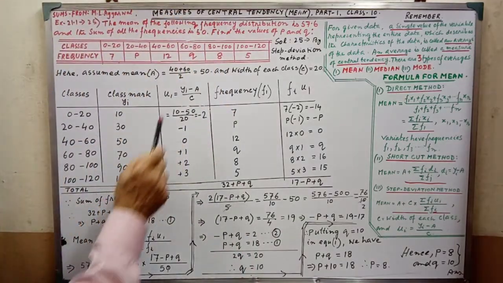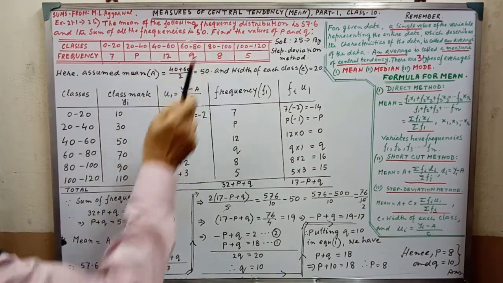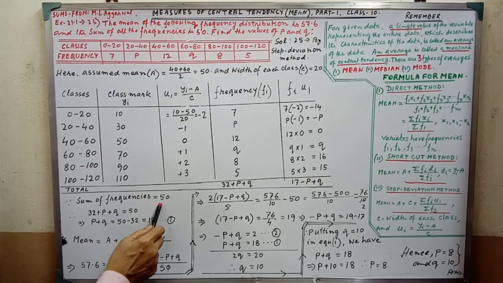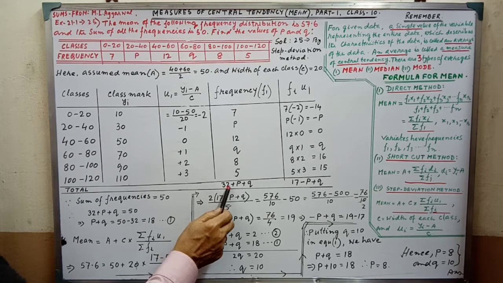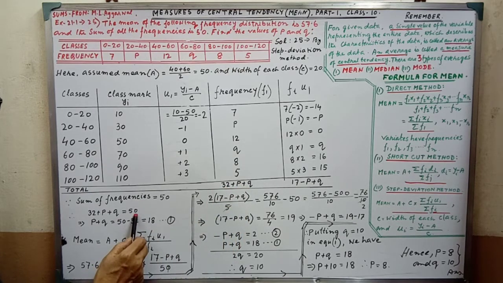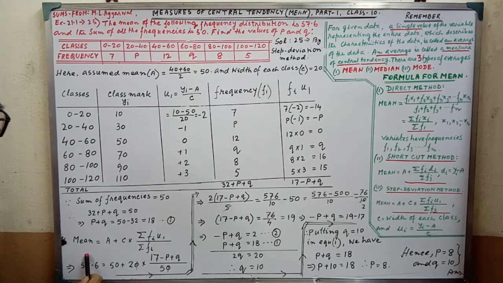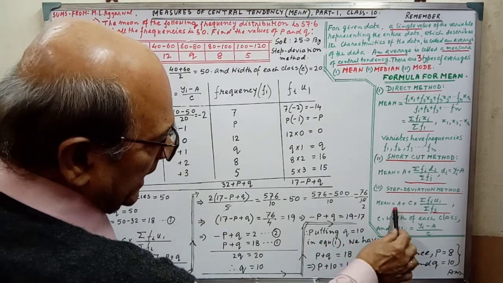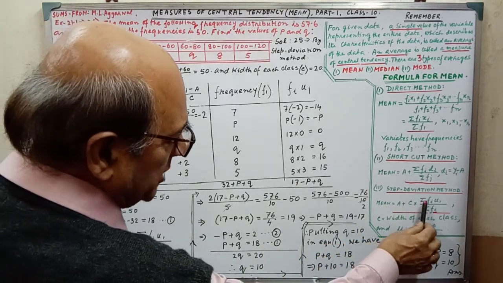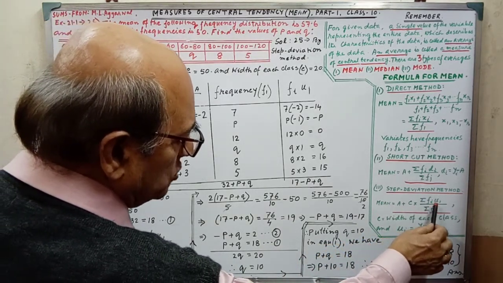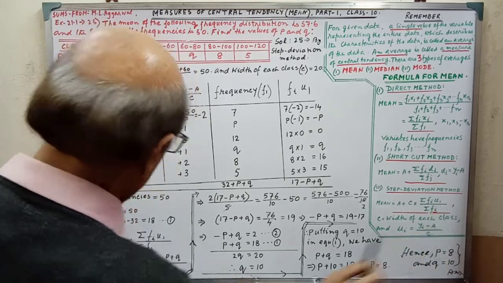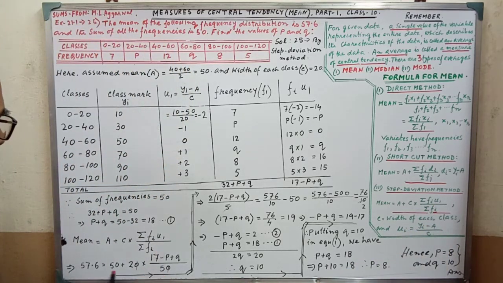Here, since the sum of the frequencies is given as 50, therefore 32 plus P plus Q equal to 50. By solving we are getting this equation and it is denoted by 1. And mean equal to, by putting the formula, that is A plus C into sigma fi ui divided by sigma fi. By writing the formula, then we have to put the relevant values.